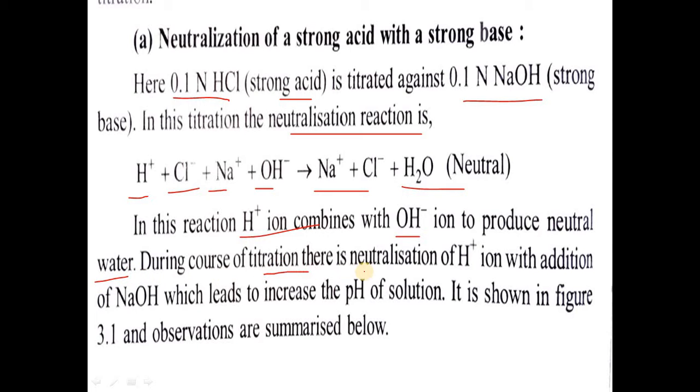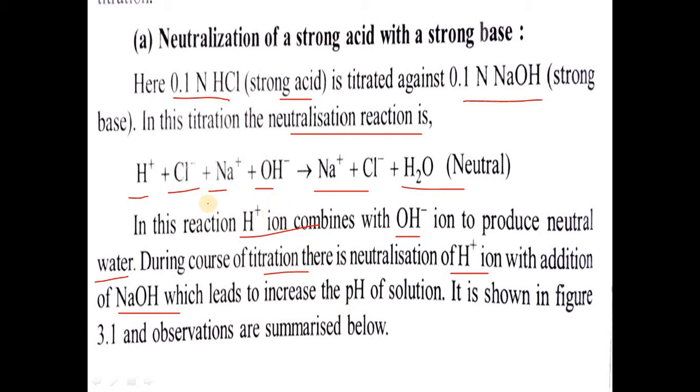During the course of titration, there is neutralization of H+ ion with the addition of NaOH. Initially, when HCl combines with NaOH, H+ and OH- combine with each other and we get water.